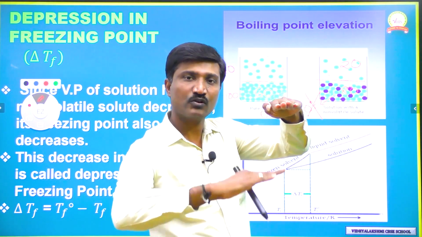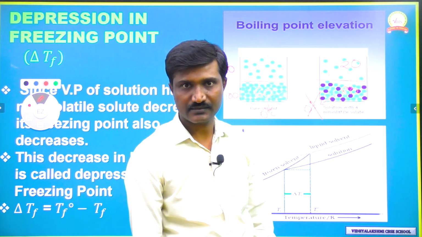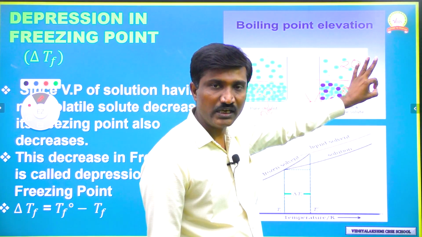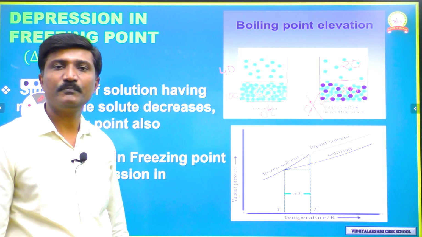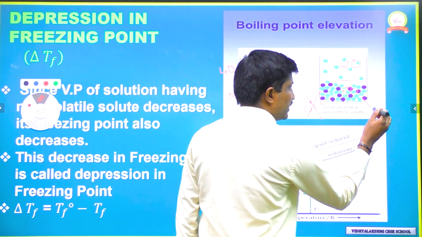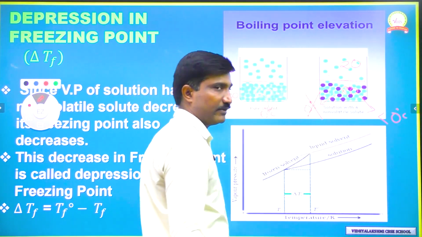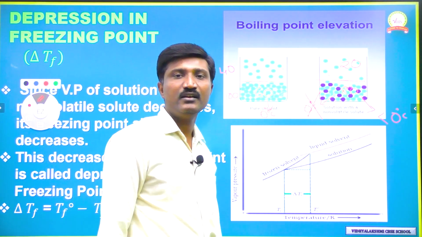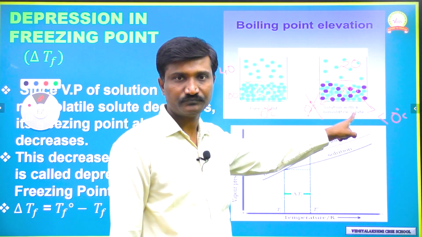Since we are cooling further, what about that freezing point? Decreases. So the freezing point of this solution further decreases compared to the freezing point of the pure solvent. So this freezing point is less than 0 degrees centigrade, it may be minus 1 degree centigrade or minus 2 degrees centigrade or minus 0.008 degrees centigrade, depending on the amount of the solute here.